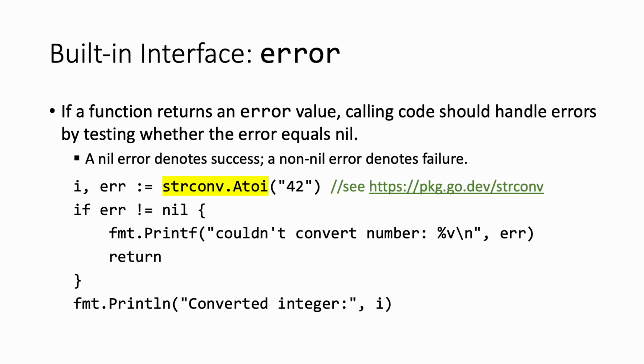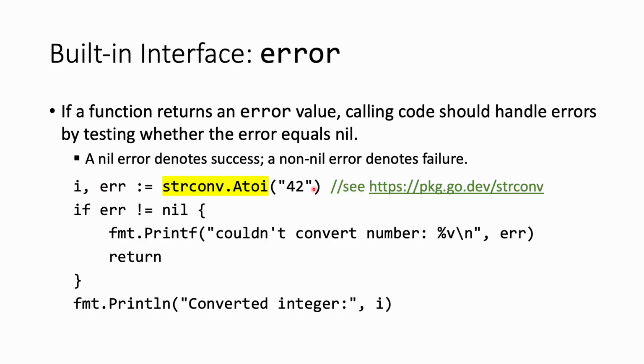If a function returns an error value, the calling code should handle errors by testing whether the error equals nil or not. Recall that a nil error value denotes success and a non-nil error denotes failure. For example, function Atoi in the strconv standard package takes a string as argument and converts it to an int value.